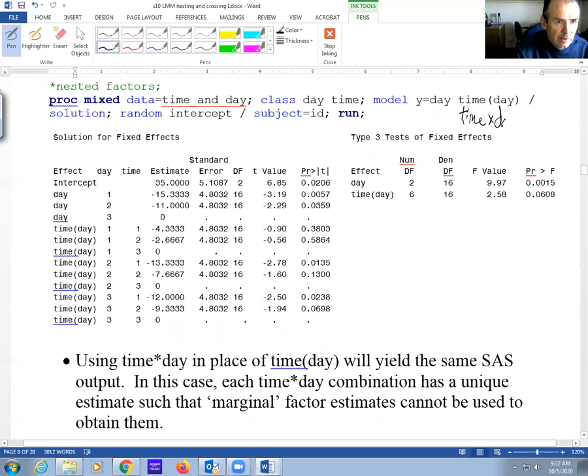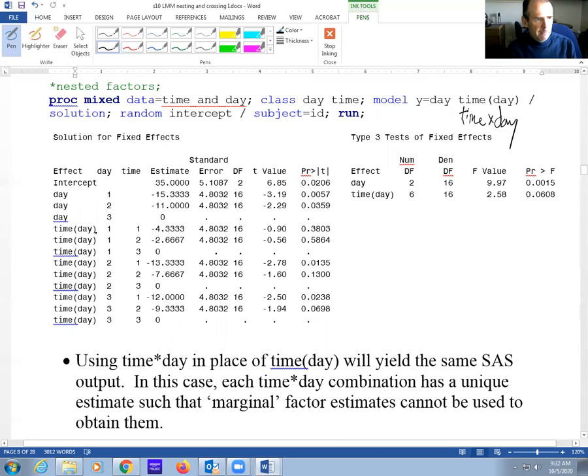But the main thing that you don't see is time in this model, because the meaning for time changes across days. So we don't have that term in the model. That's the main difference.